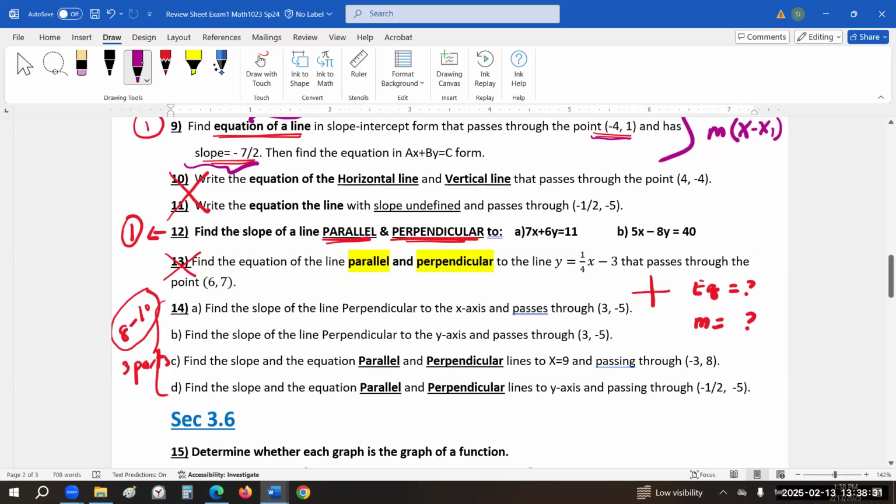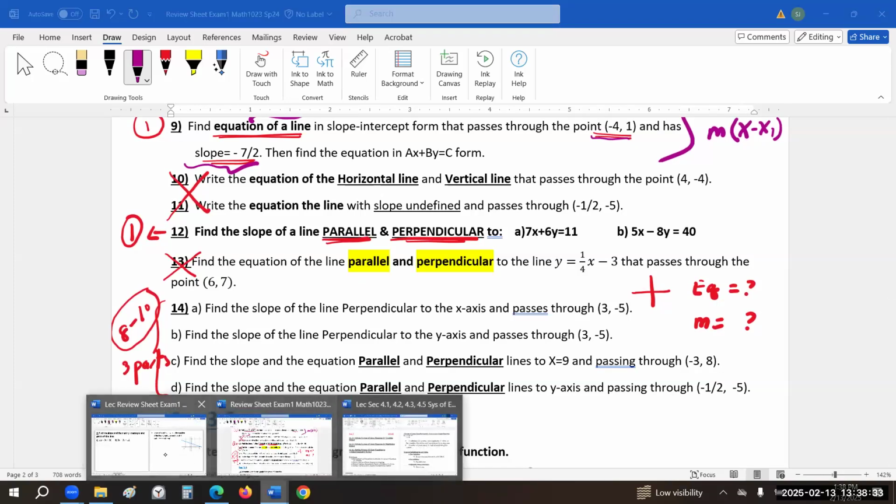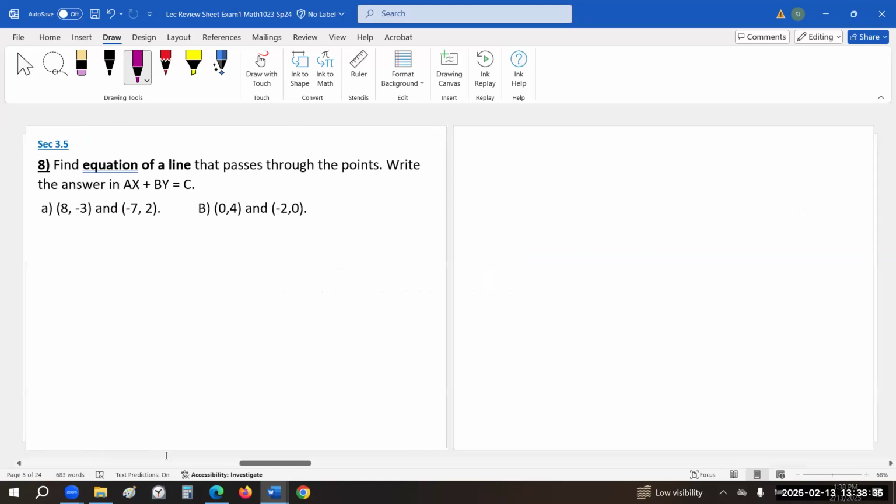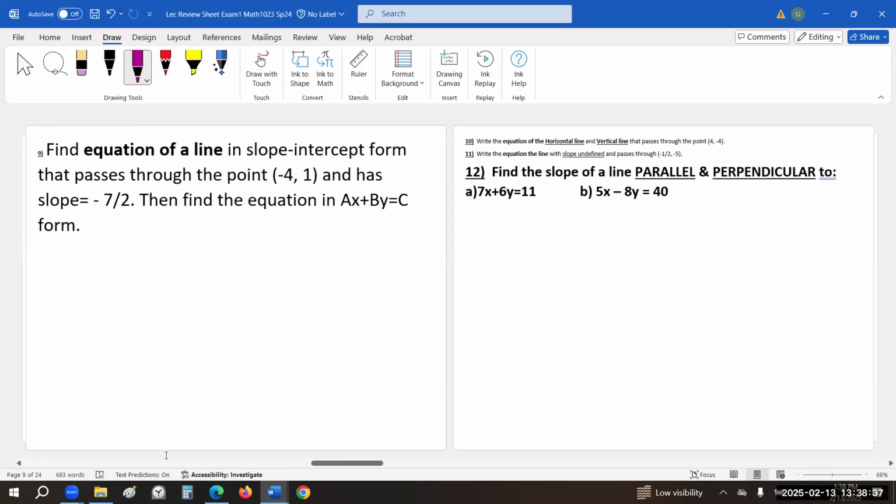So for 12, let me go back here. Okay, 12, the right page. Anytime you're finding the slope of parallel and perpendicular from a given line, what do we have to do with the given line?